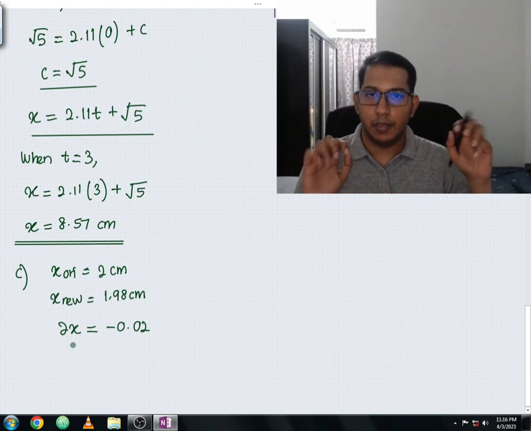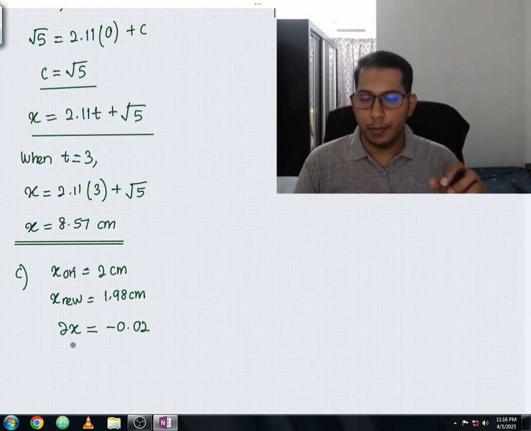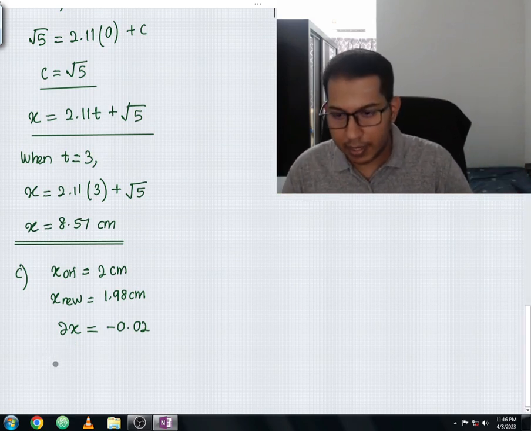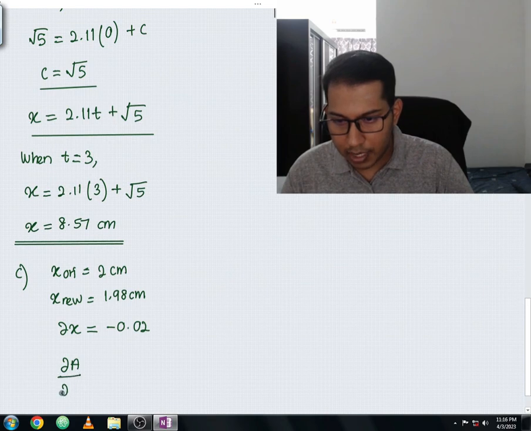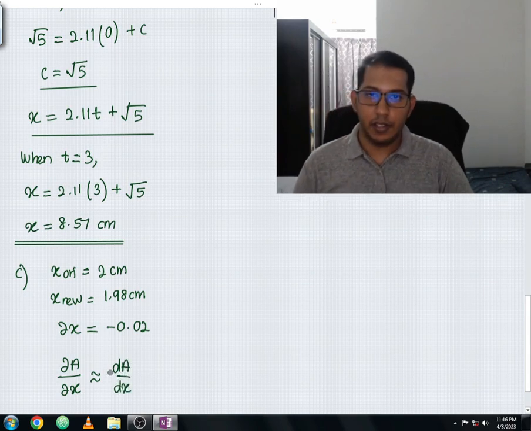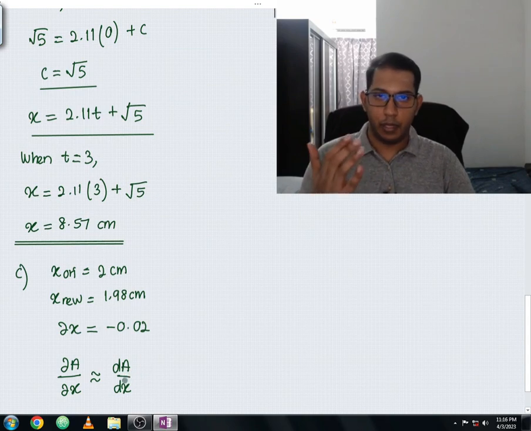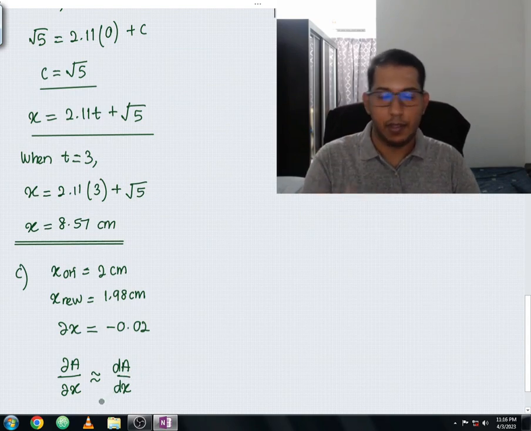Now we already have delta x, which is the small change in x. Now we need to find the small change in area. How are you going to do that? We're going to apply the small changes and approximation formula, in which the small change in area divided by the small change in x is approximately equal to dA over dx, the derivative of A with respect to x.